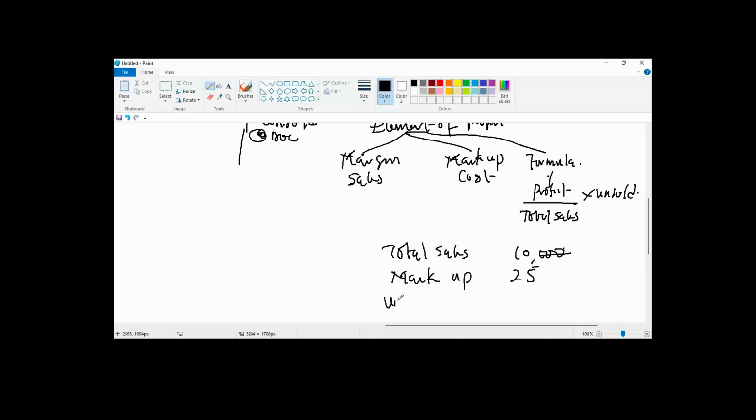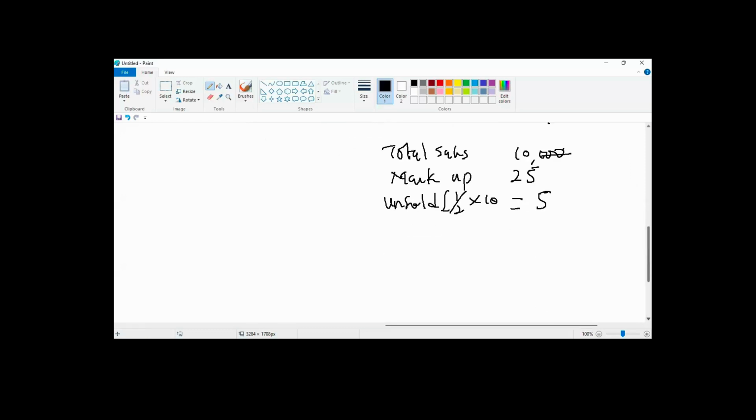Sold now. 1/2 times 10, which is 5. Unrealized profit on inventory will now equal to inventory, 25 over 125 times 5, unsold. What does it give us? I think this is 1. Well, that goes to 125 is 5.